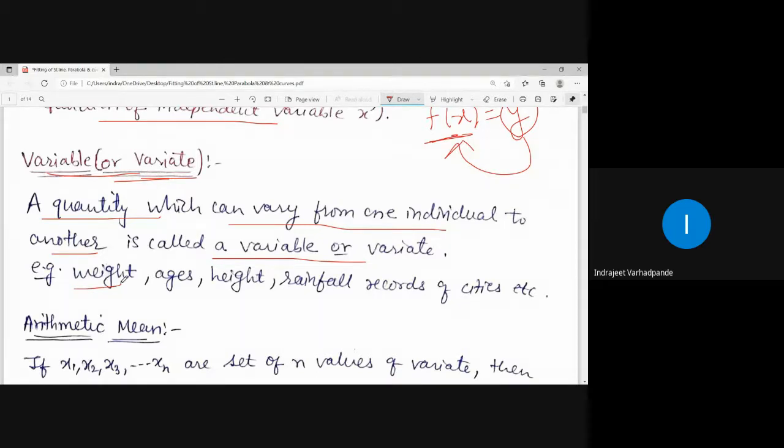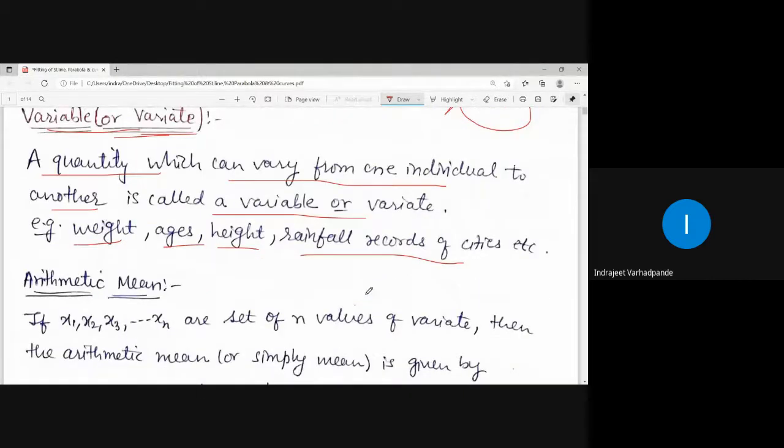Sometimes it may weigh 70 kg, sometimes 1 kg, right? Ages, increase in height, or stagnancy after a certain stage, rainfall records of cities, these are all quantities which are always variable, which cannot be fixed to certain values.